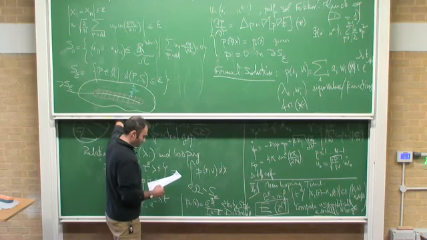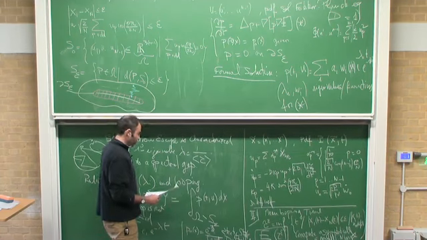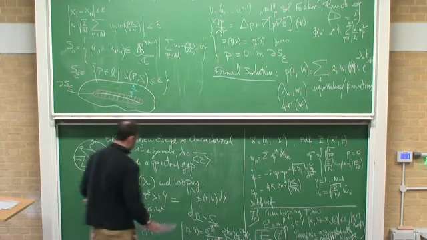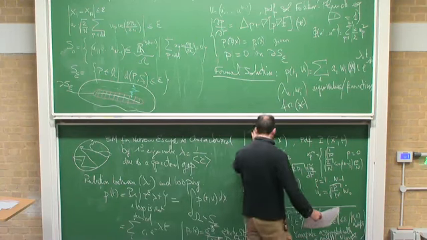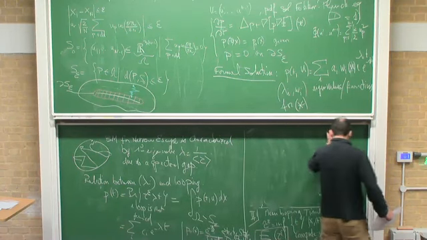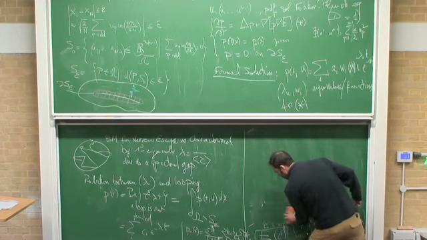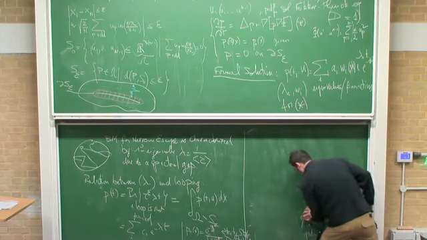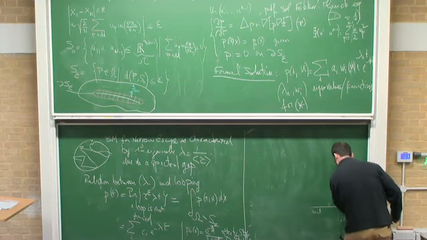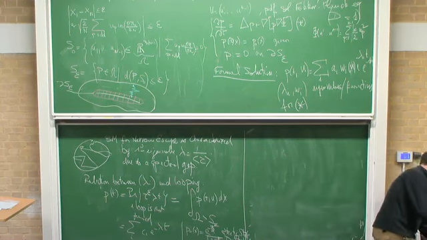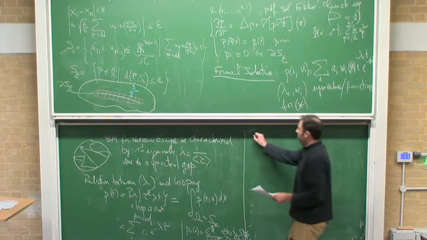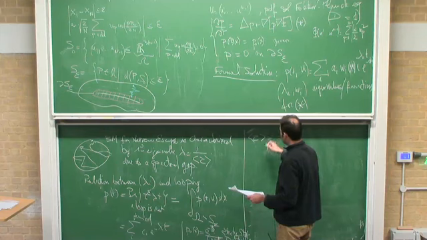Okay. So now what is the mean first passage time? We can use the classical formula. The mean first passage time tau, by definition, is the first moment.